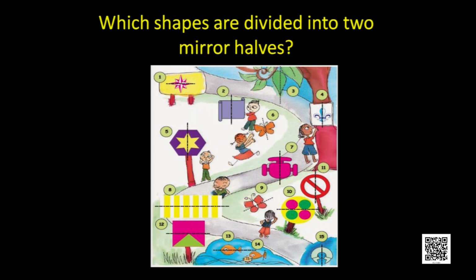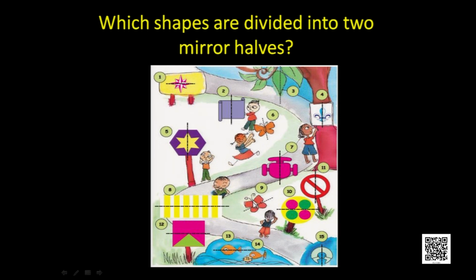Now you see picture number 9, the same butterfly, but here the dotted line's position is different. Now this is from left to right. So if I fold the upper part over the lower part, it will not cover exactly.